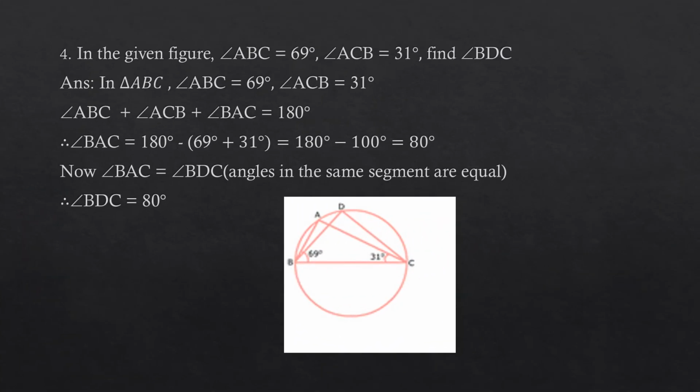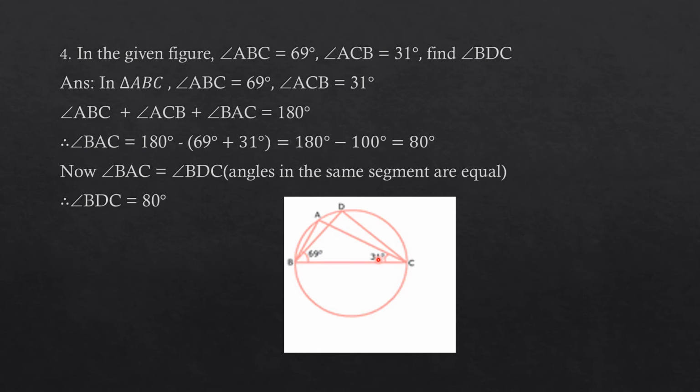In question number 4, we are given the figure with angle ABC equal to 69 degree, angle ACB equal to 31 degree. Find angle BDC. We can see a triangle ABC where angle ABC equal to 69 degree and angle ACB equal to 31 degree.